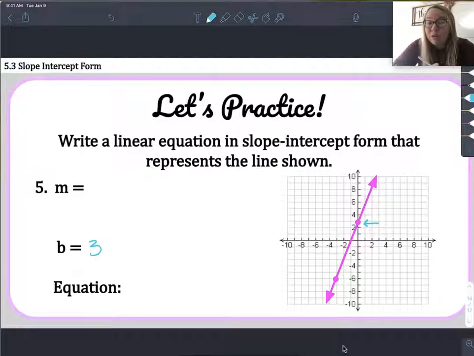Now with slope, you could do this a couple different ways, right? We're given the graph and we're also given 2 points. So depending on how you want to do it, you could go based off the graph or the 2 points. I'll show you both ways. So if I'm starting at my first point here, which just so we have it is -3, -6, and then my second point is 0, 3.